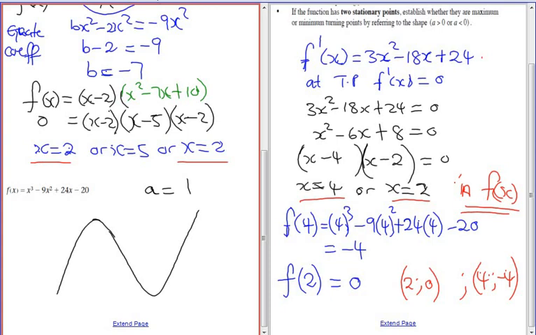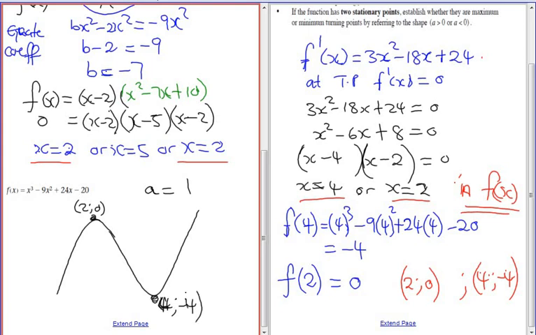So we just have to figure out, and you see our turning points are at this point and at that point. So in this situation, we know that this will be 2 and 0 here, and this one here should be the one that is 4 and negative 4, because it's the one that's bigger. So there will be 4 here and negative 4, like this.